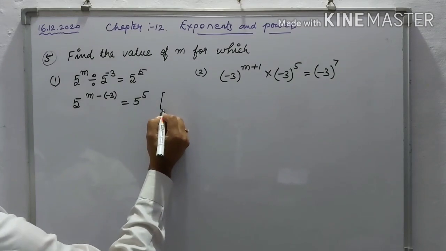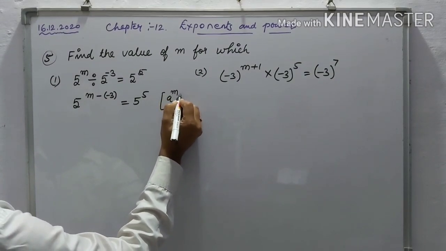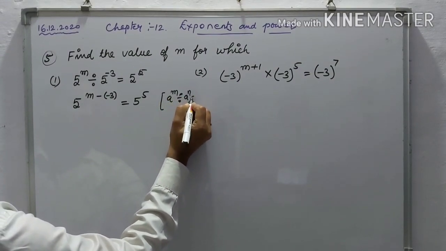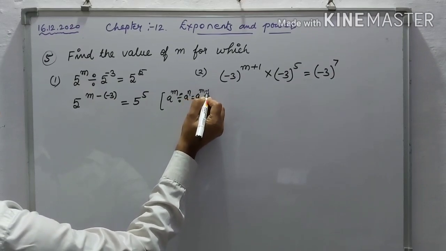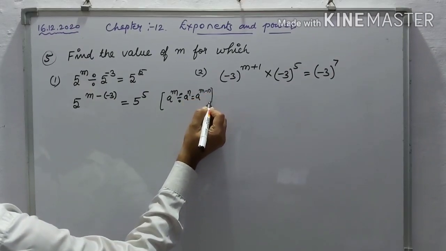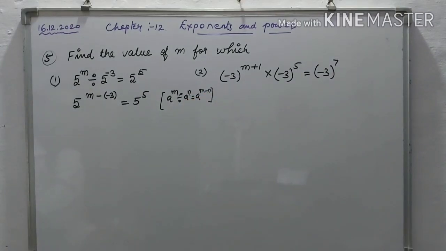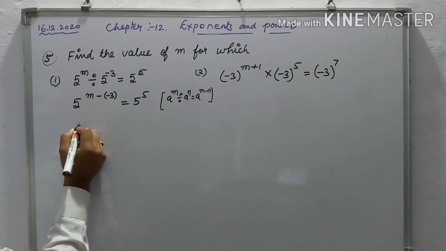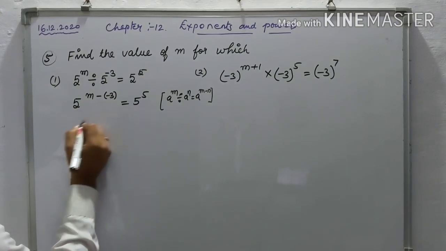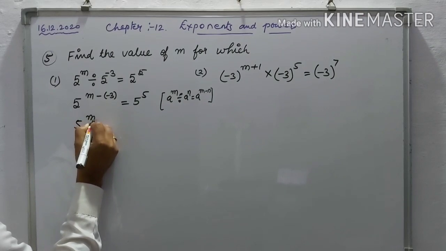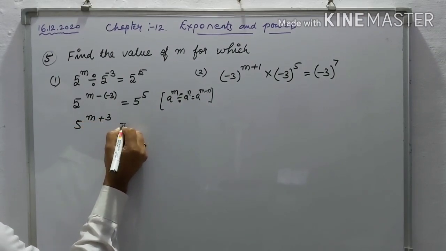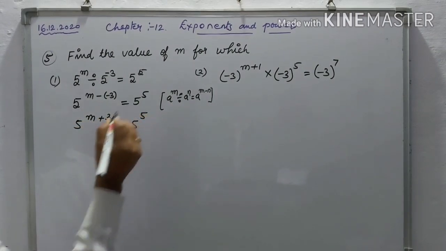Here we use a to the power m divided by a to the power n is equal to a to the power m minus n. Next here is 5 to the power m plus 3 is equal to 5 to the power 5.